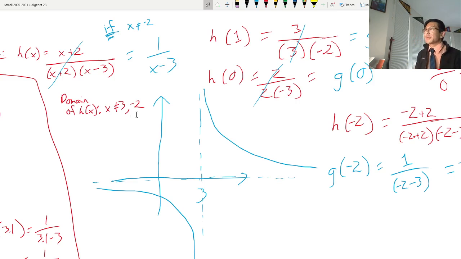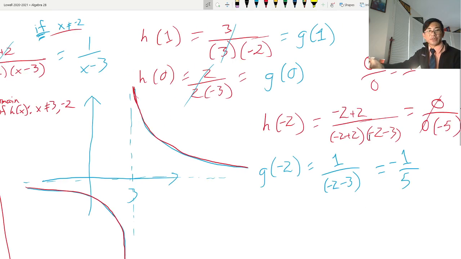So what does this mean about the graph? Well, it turns out then that these two graphs, h and g, are exactly the same except at that one point of concern. So h, which I'm going to draw in red here, is exactly the same. Almost. The only thing that we need to do is erase this point, negative 2 comma negative 1/5.